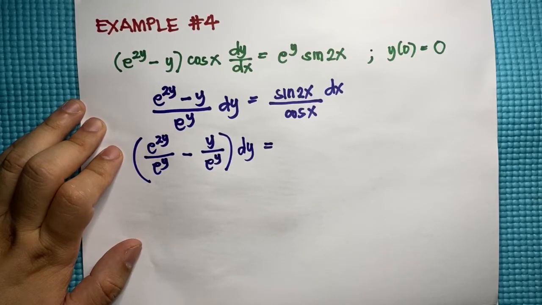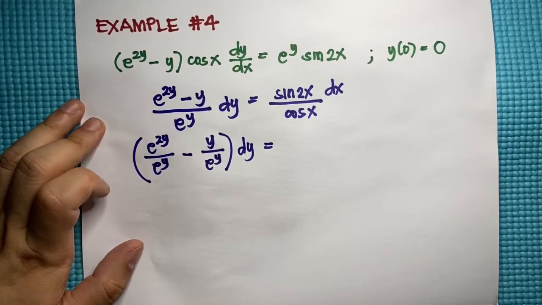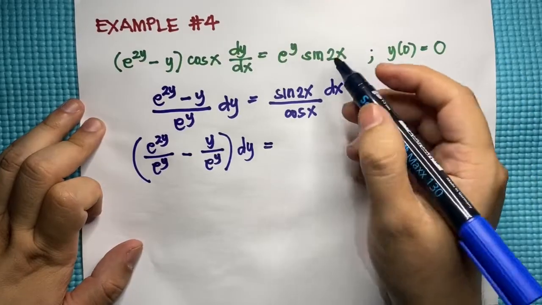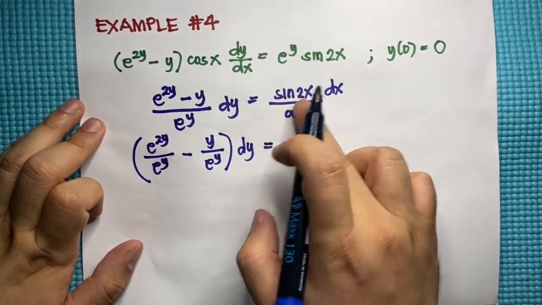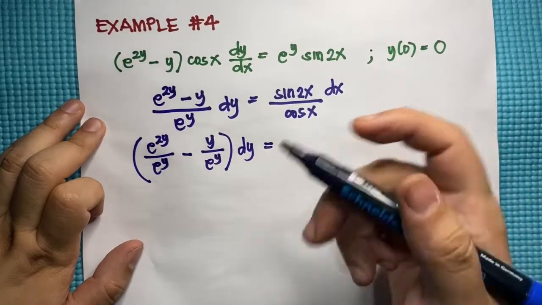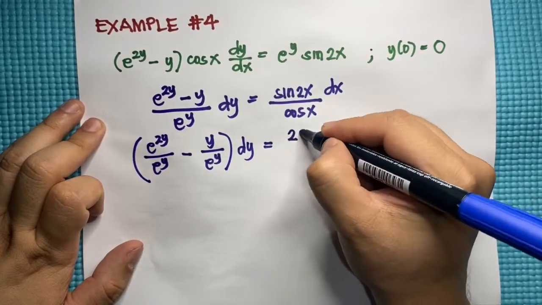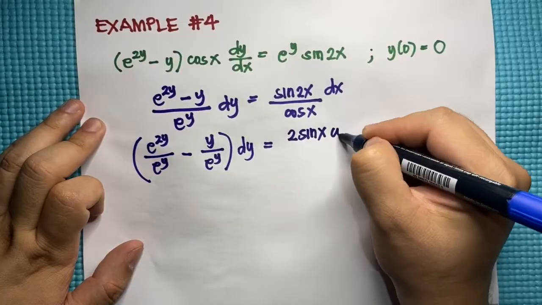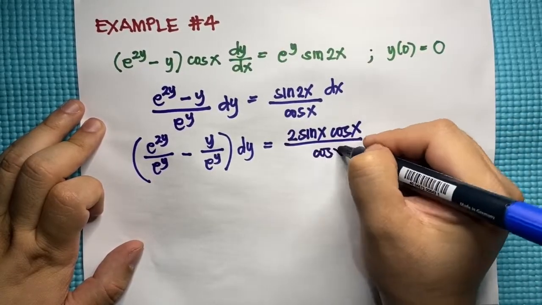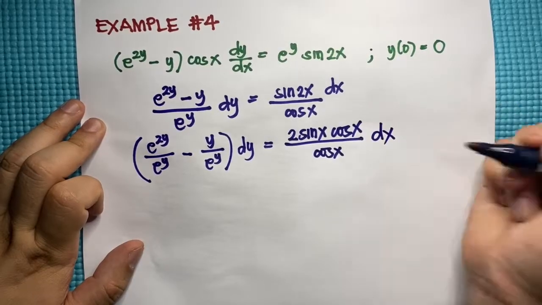We cannot right away integrate such functions, but we can use some identities that would help us in simplifying the given function. Sine 2x is a double angle, so that would be the same as 2 sine x cosine x, divided by cosine x, dx.